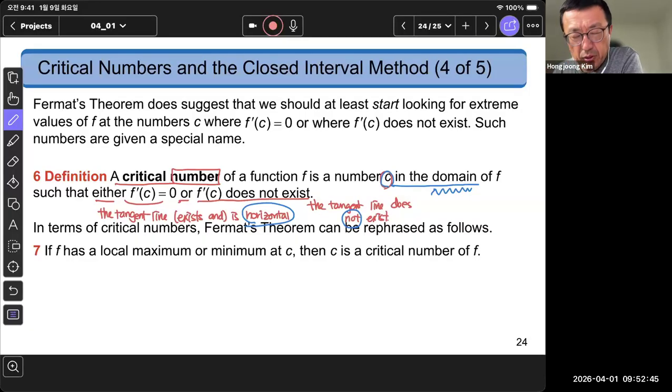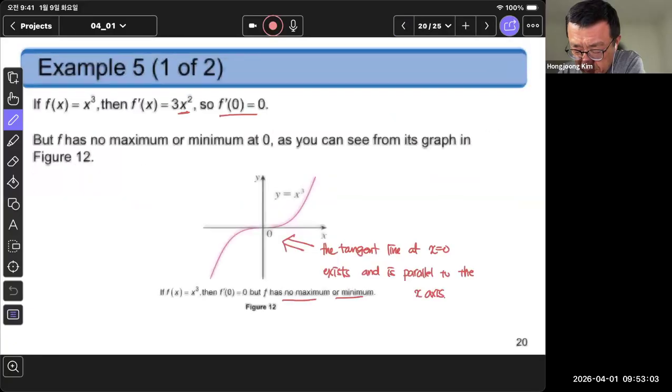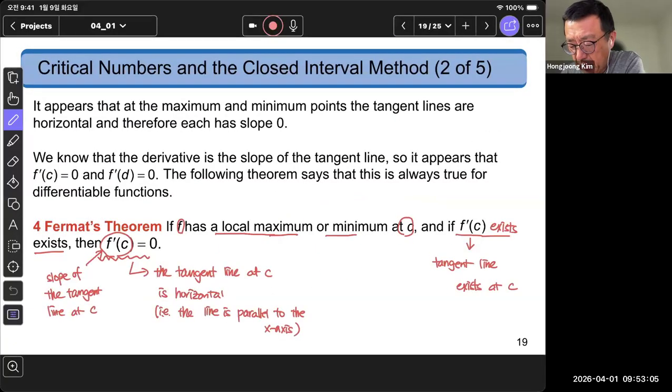So what was the statement of the Fermat theorem? Fermat theorem says if your function has a local maximum or minimum at some point c, and f prime of c exists, then f prime of c must be 0.